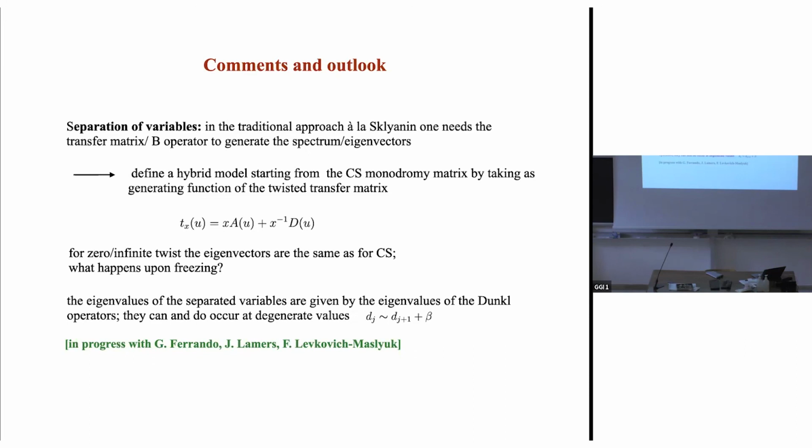When x is 0 or infinite, the trace becomes the A or D operator, and then we are back to the previous Haldane-Shastry case, because A and the quantum determinant commute.